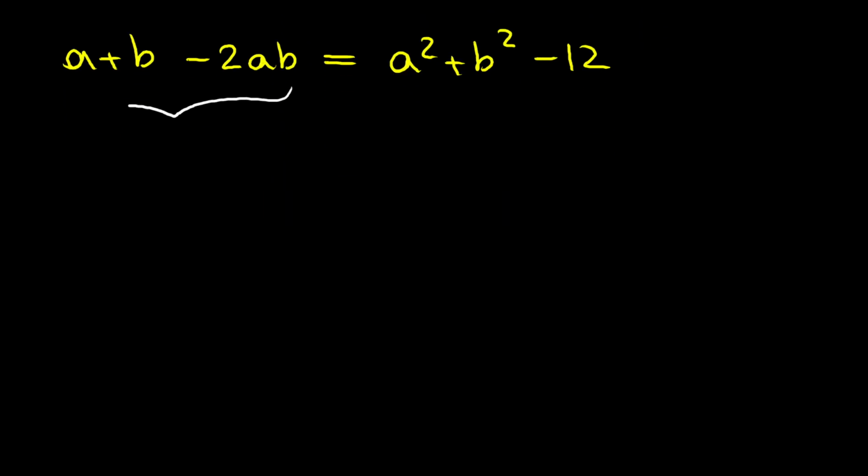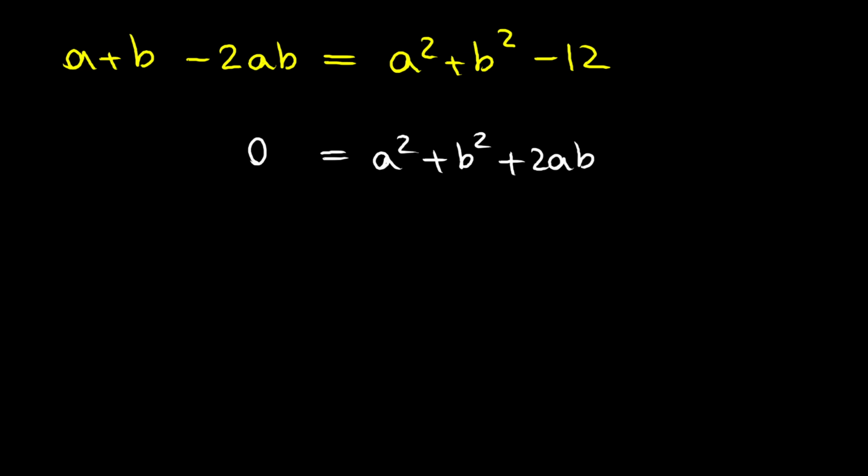Let's go ahead and move these to the right-hand side in order to have everything on the same side. So we're going to have 0 equals a squared plus b squared plus 2ab minus a minus b minus 12.